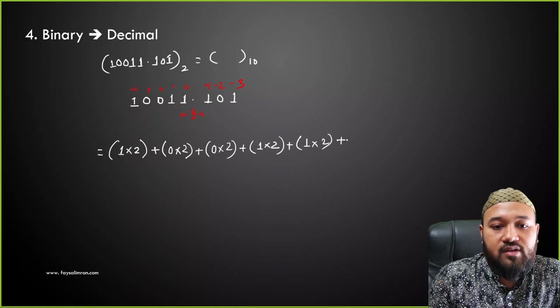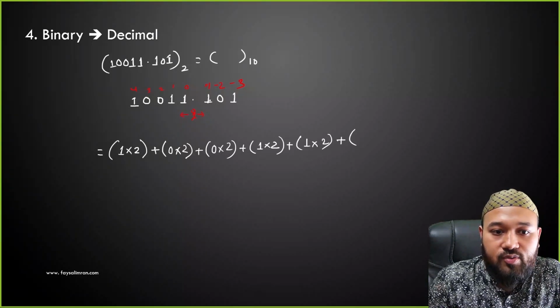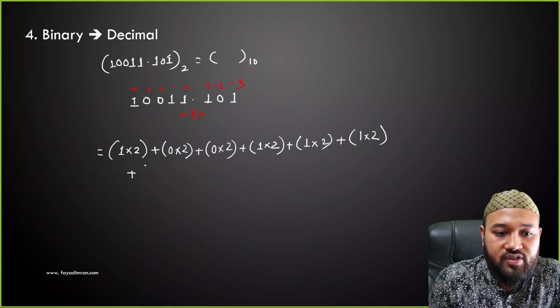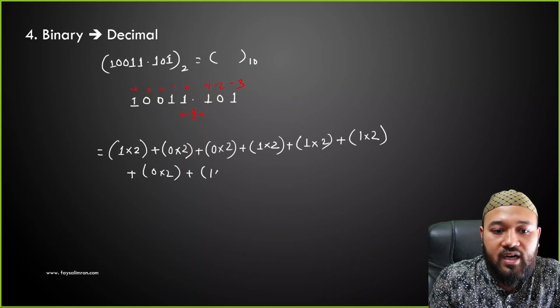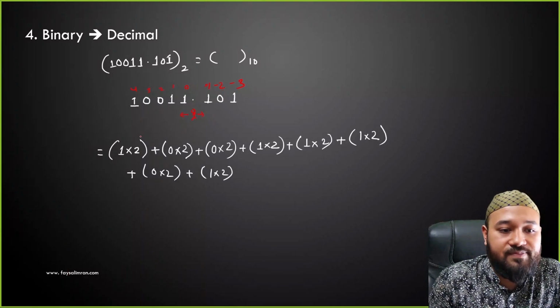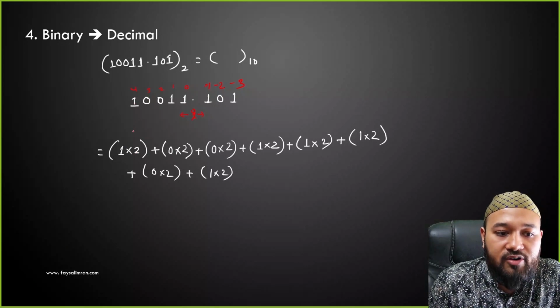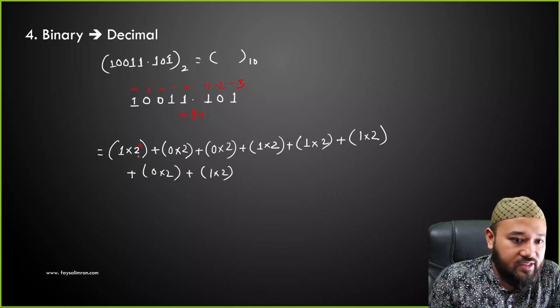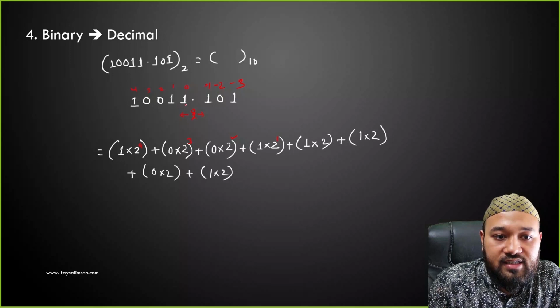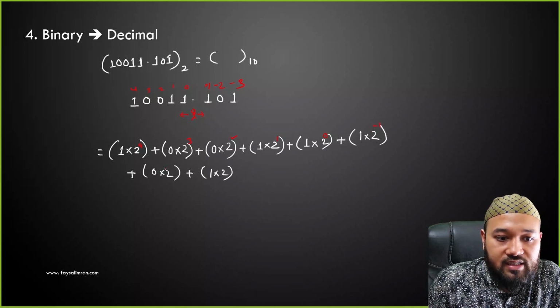We just keep it simple and make it plus, also 1 times 2, then again plus 0 times 2 plus 1 times 2 for the final one. Now we have to put the power: for the first 1 the power is 4, this 0 is 3, this 0 the power is 2, this one power is 1, this one the power is 0, then this one power is minus 1, this 0 power is minus 2, and this one power is minus 3.